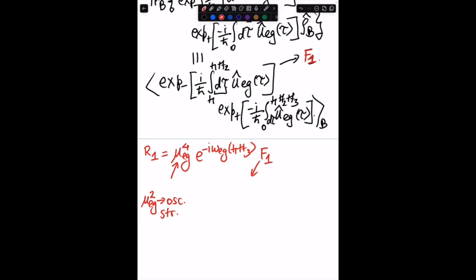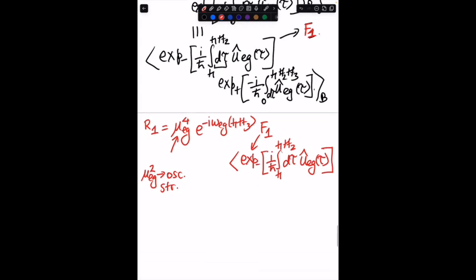And then this F1 is a product of two time ordered exponentials. So the first one is a negative time ordered exponential. So this acts on the bra of the Bath equilibrium density operator, quite obviously. And then the other is a positive time ordered exponential. So it acts on the ket of the Bath equilibrium density operator.